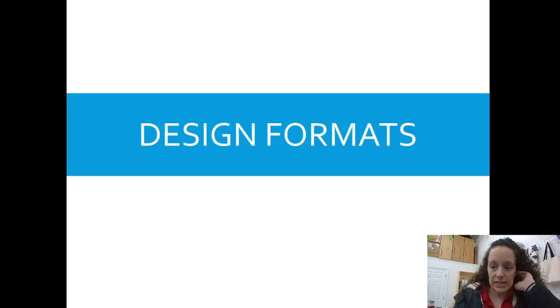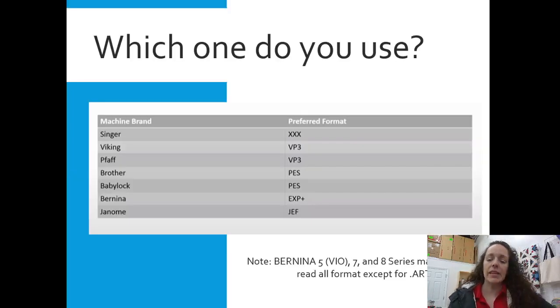On designs, you will probably see a plethora of format options out there. Every brand has the format that their machine particularly reads. Here's just a little list of those formats and who reads what.